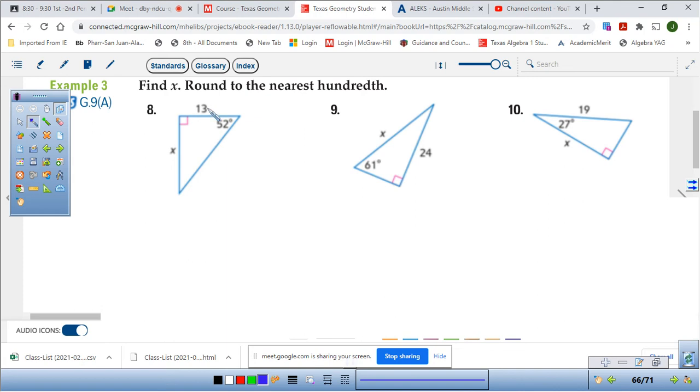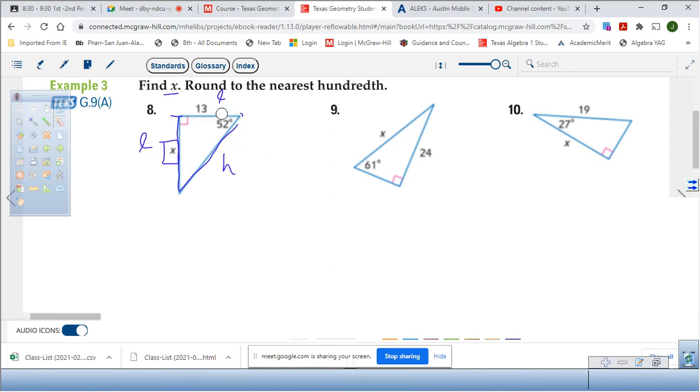So sorry about that. When it comes to this part here, they're going to want you to find x. X is this side here. This is a right triangle, so first let's establish this. This is my right angle, this is my leg, and this is the hypotenuse, right? For sure that has to be the hypotenuse. Which leg did they give you, looking at 52 degrees?